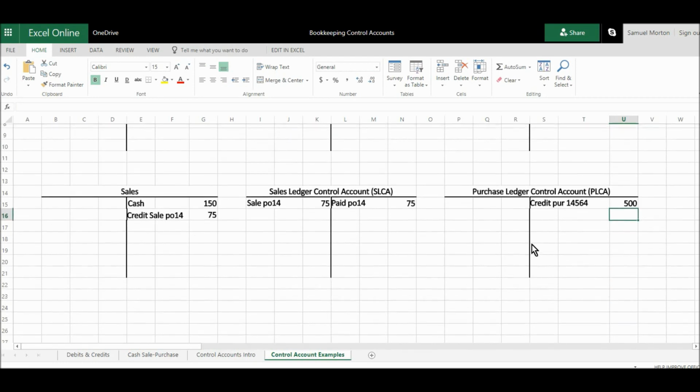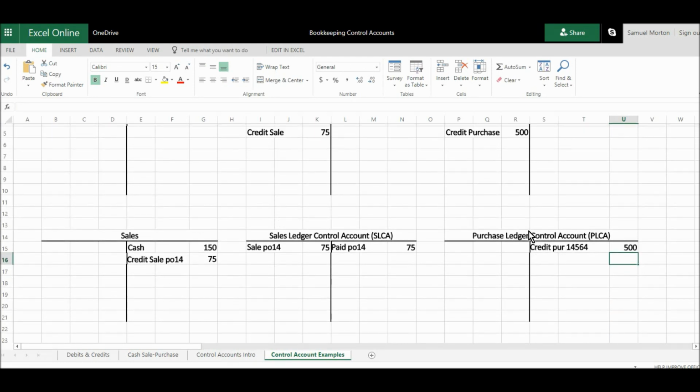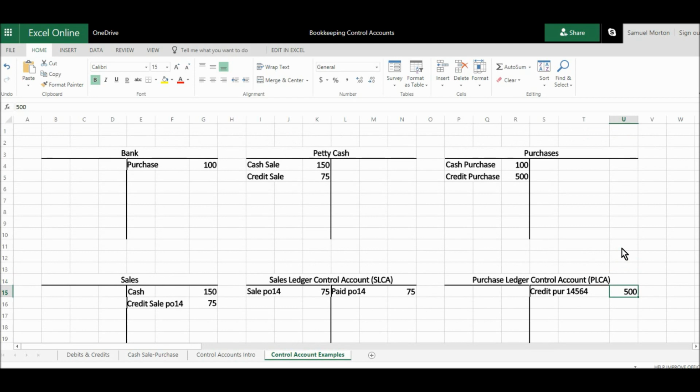Pretty straightforward. So the purchase ledger control account is money that we owe to our suppliers. It's a liability, and currently there's a £500 liability. We owe £500 to this supplier, whoever that is. Now when we get around to making payment, we need to clear that off. So £500.